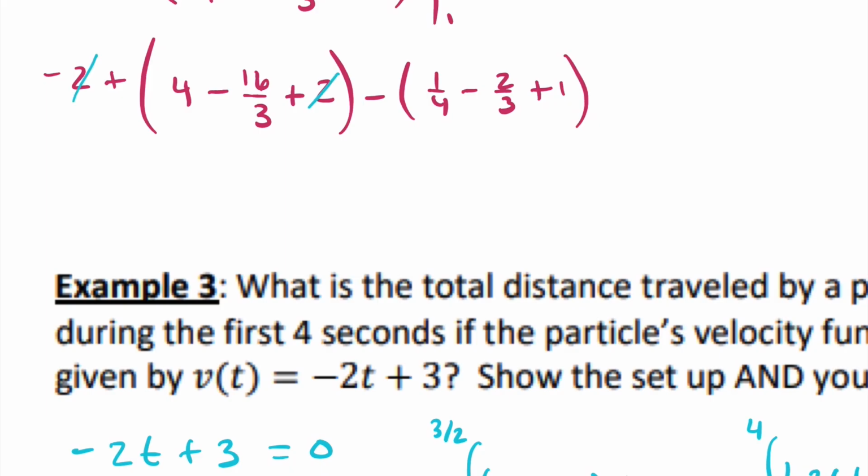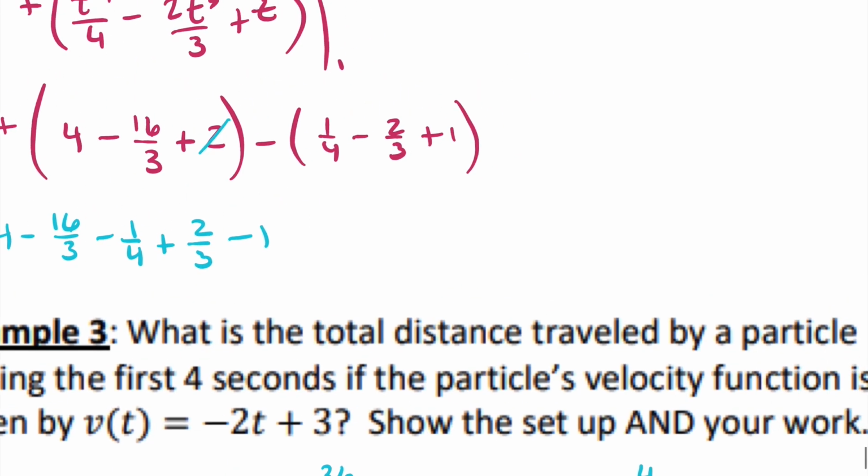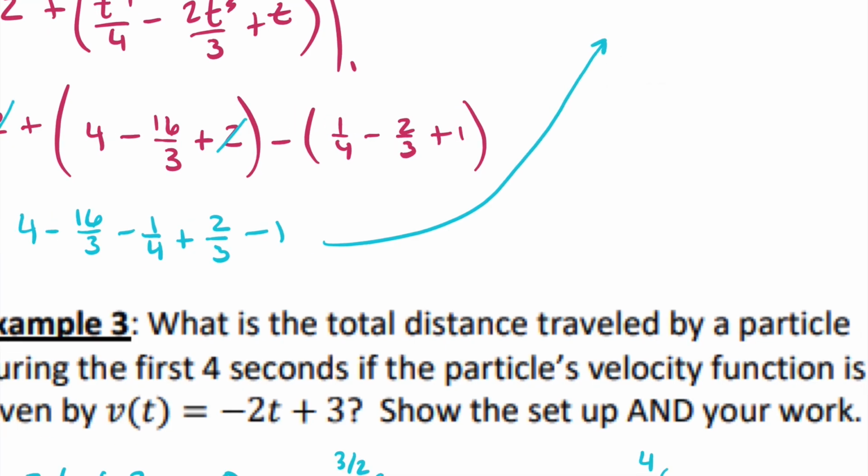We get 4, take away 16 thirds. We'll take away 1/4. We'll add 2 thirds. We'll take away a 1. 4 minus 1 is 3. We get minus 14 thirds, and also take away a 1/4.